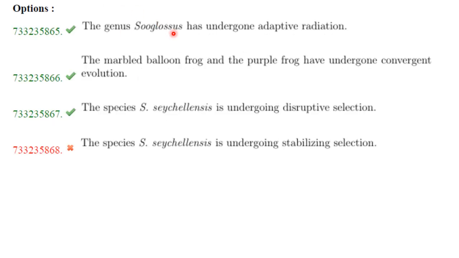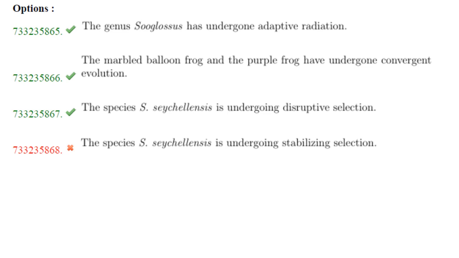The genus Zooglossus has undergone adaptive radiation. That is correct, because adaptive radiation is the rapid proliferation of a species resulting in an array of species that live in a variety of environments and differ in characteristics they use to exploit those environments. You can see that in the second paragraph.